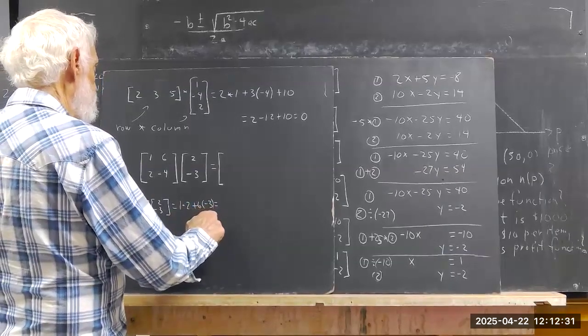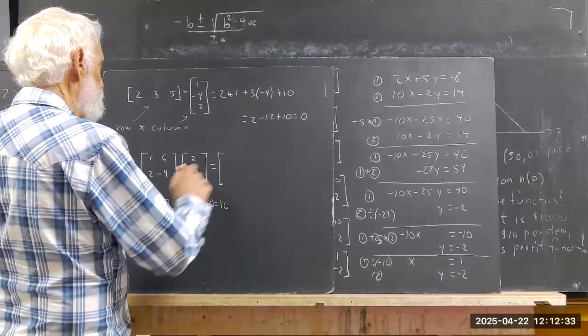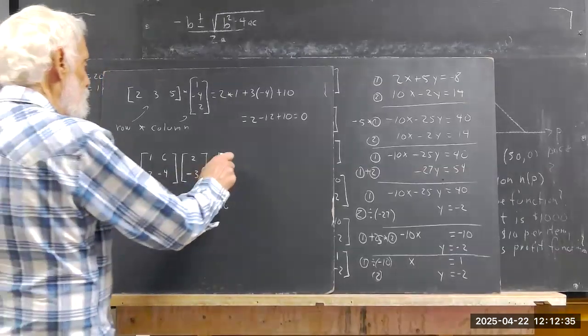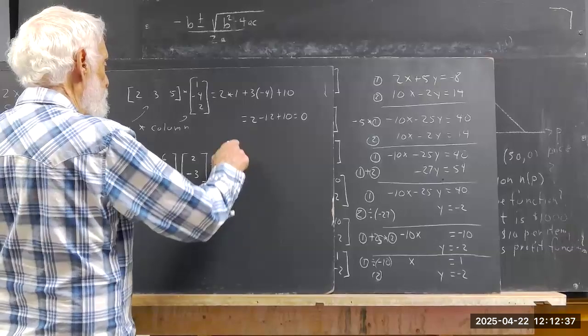So that's negative 18 and 2 is 16. So I write 16 here.